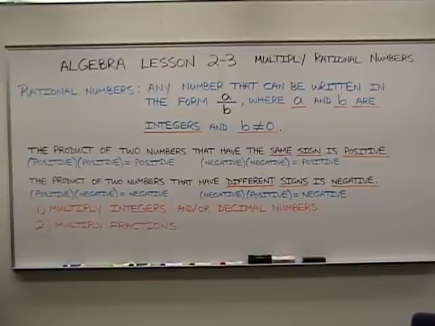If you multiply two numbers that have the same sign together, answer is going to be positive. And if you multiply two numbers that have different signs together, the answer is going to be negative. That's going to apply for all of these multiplication problems. Then the second kind of example problems that we're going to do is we're going to multiply big bad fractions together. So really pay attention to those. Here we go with the example problems.